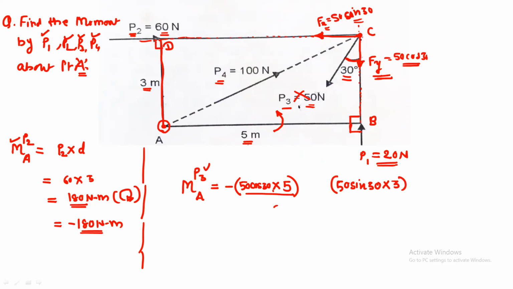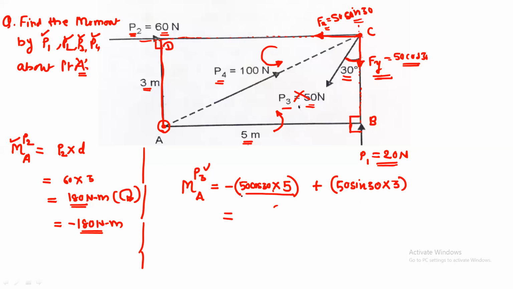And this force Fx acting at point C will try to rotate the complete object in the clockwise direction. So this is the sense of rotation, sorry, anti-clockwise direction. So it is positive. Okay.